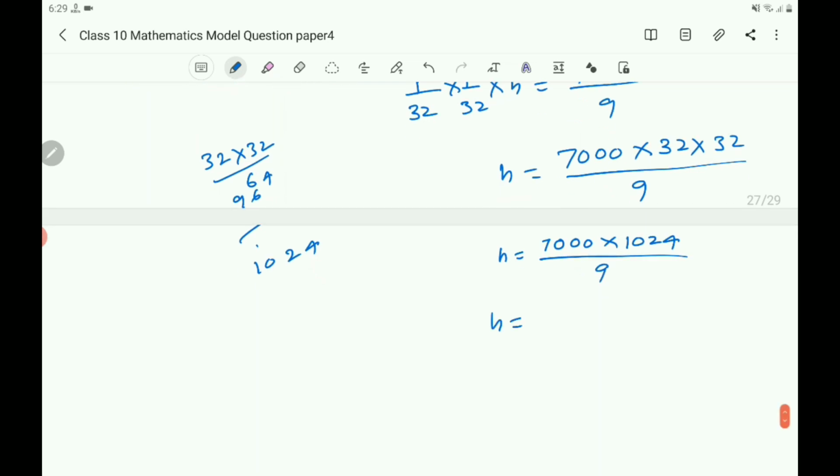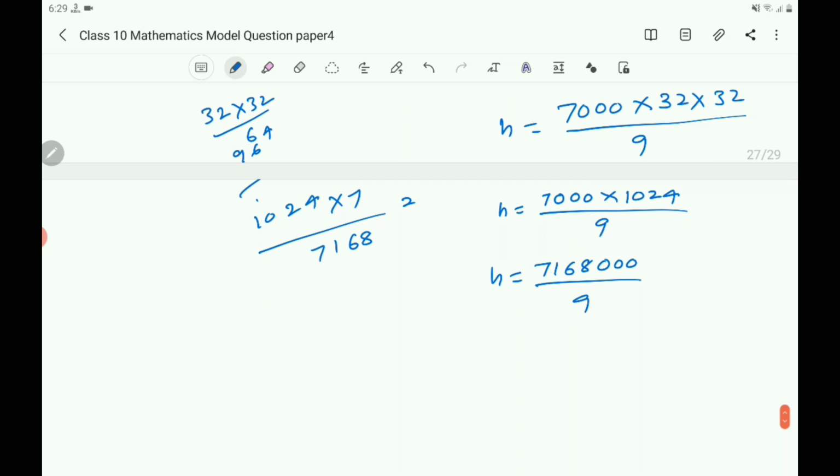Then h equals 1024 into 7: 7 fours are 28, 7 twos are 14 plus 2, 16, and 7. That becomes 7168000 by 9.